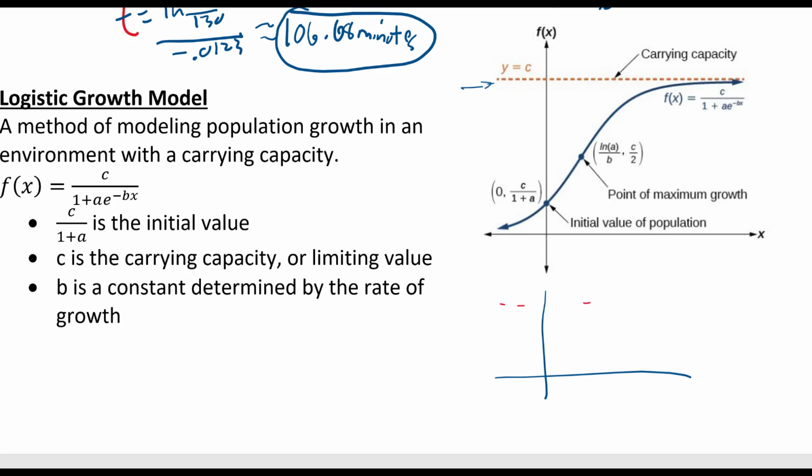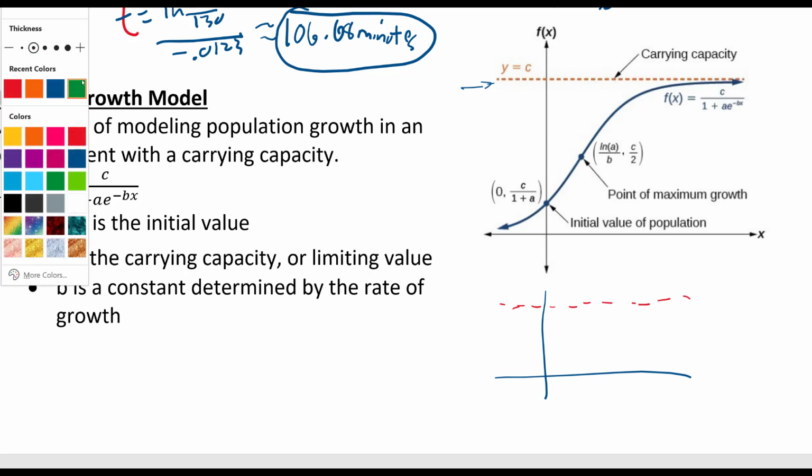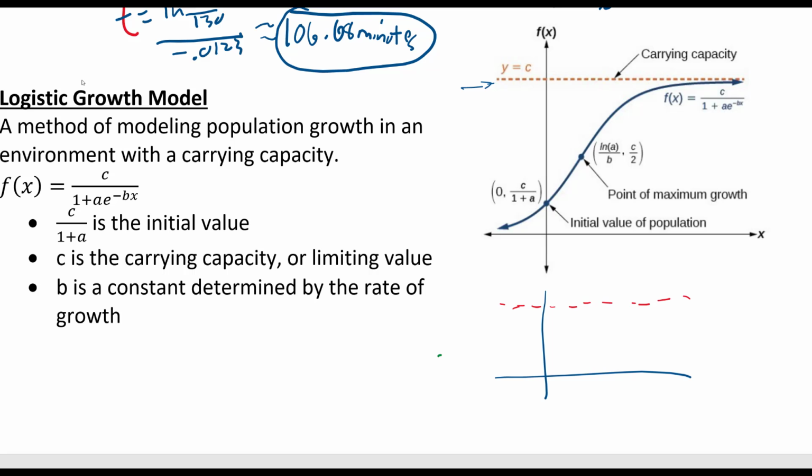So I just want to illustrate it this way. One way to think about it is, I went to a presentation by the Nevada Department of Wildlife about bighorn sheep.